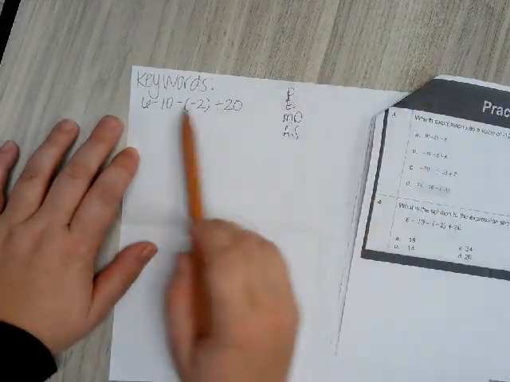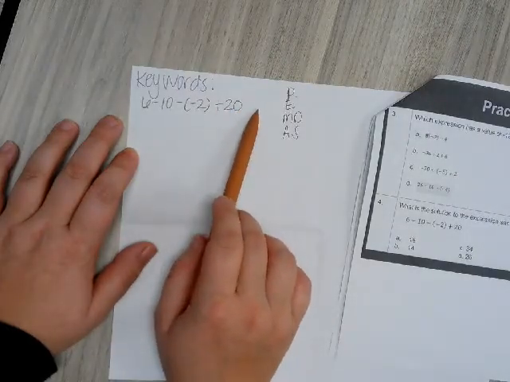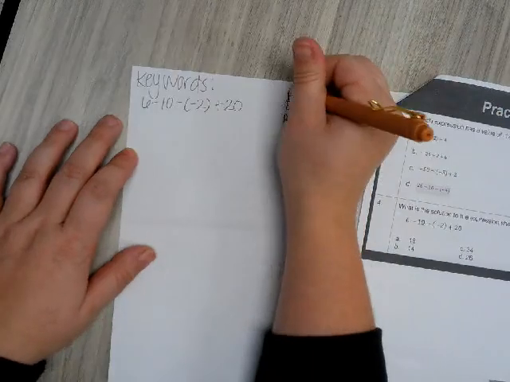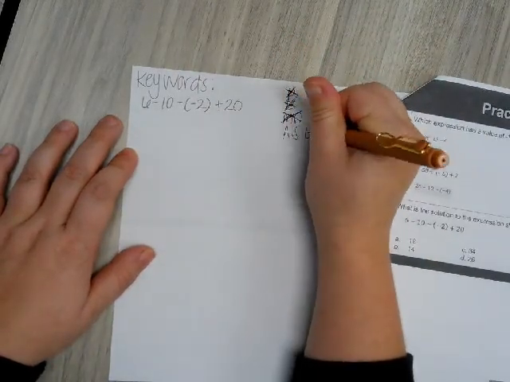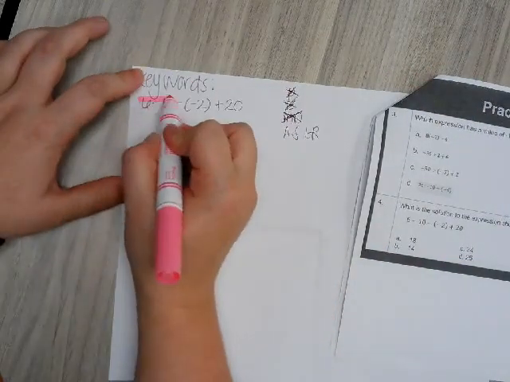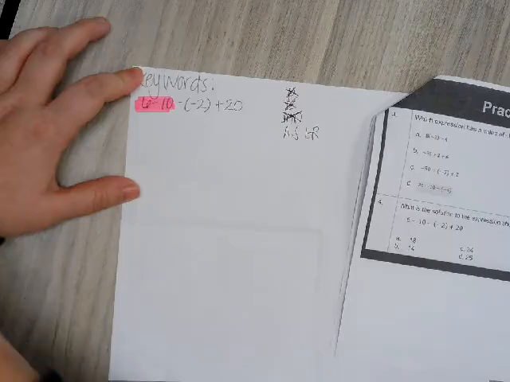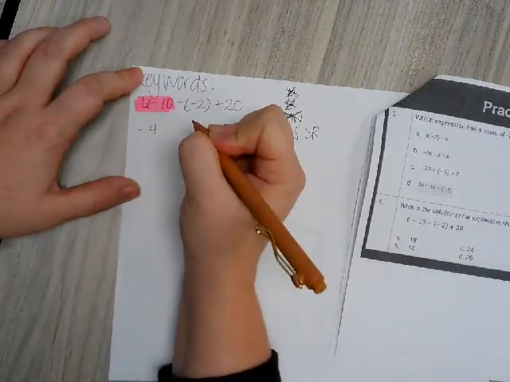I do not have any exponents. I do not have any multiplication or division. So remember, I know I'm going to go from left to right. So first I'm going to start here. 6 minus 10. That's going to get me negative 4. So we have negative 4 minus negative 2 plus 20.